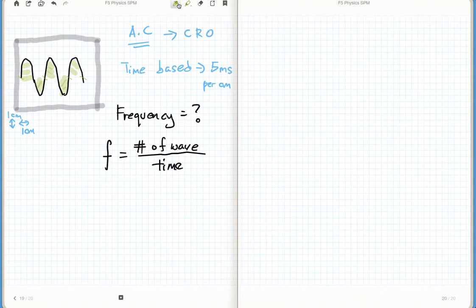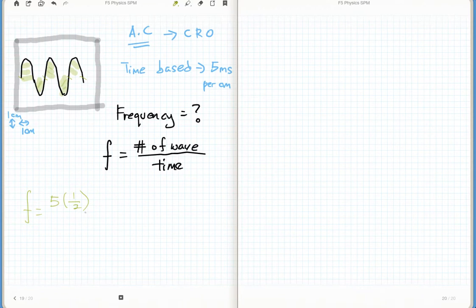Okay, so there are 5 half waves. So therefore, for the number of waves in the frequency, there are 5 half waves. If 1 wave is 1, half wave is half.